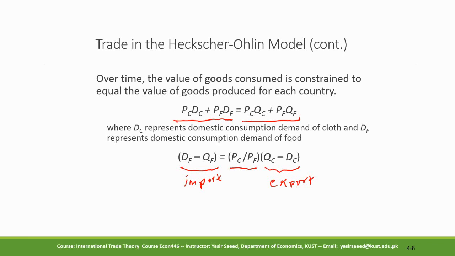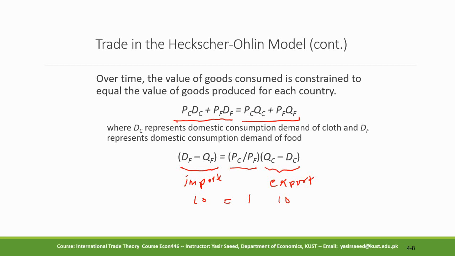Meaning that if we have to import 10 units of food, and the prices of both the goods are the same, say price of cloth is 100 and price of food is 100, so 100 divided by 100 we will get 1. So we will be able to export cloth worth 10 rupees, right?